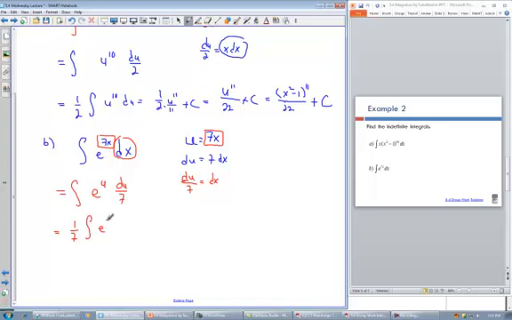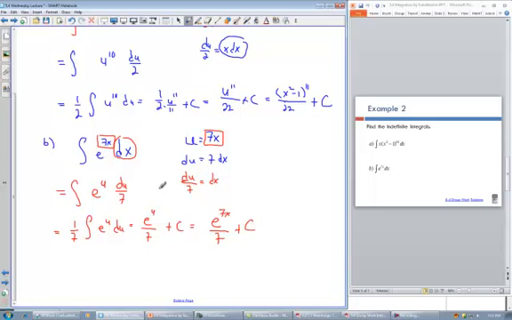The integral of e to the u du is e to the u, times 1/7, plus c. Then plug back in for u, which is 7x, so that's e to the 7x divided by 7 plus c.